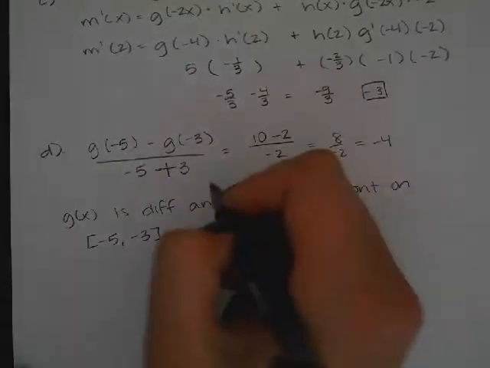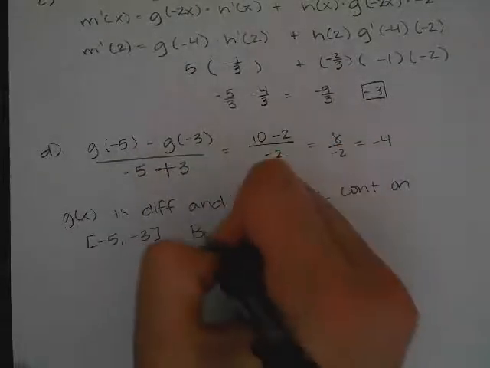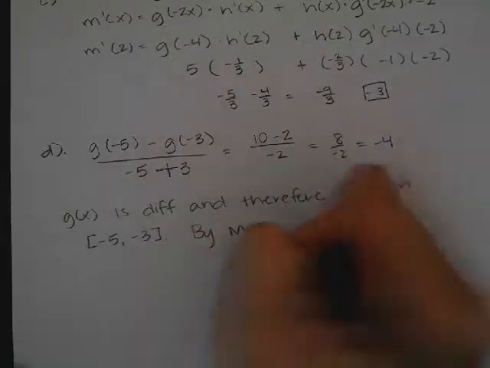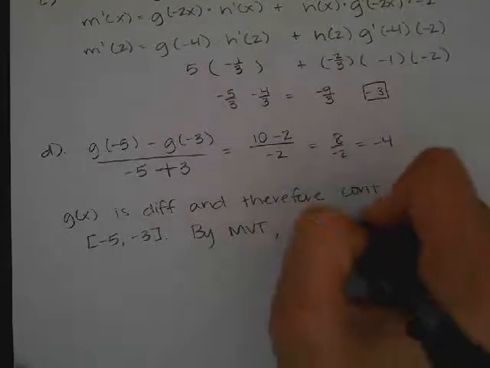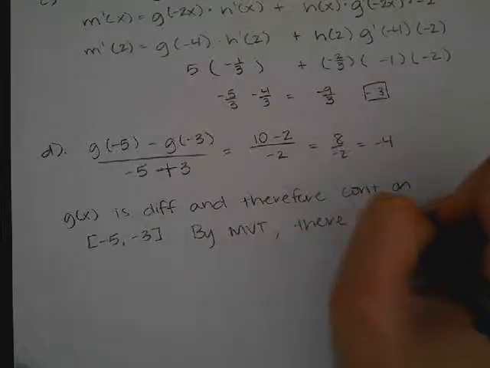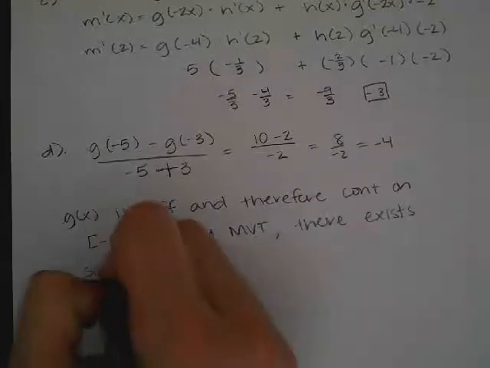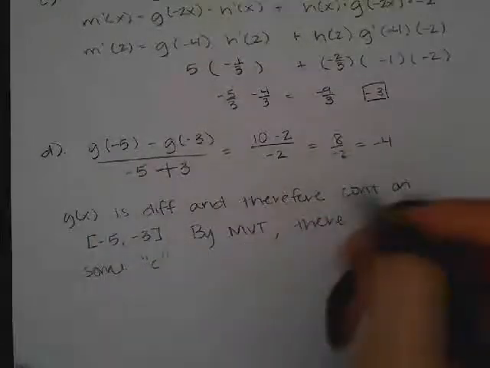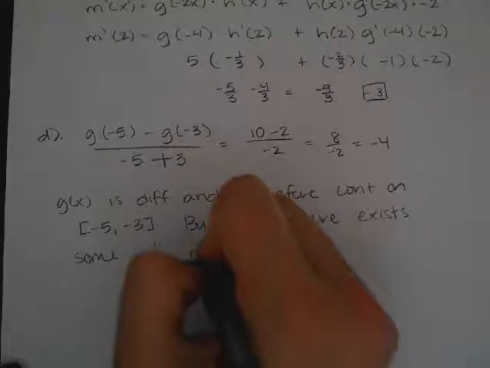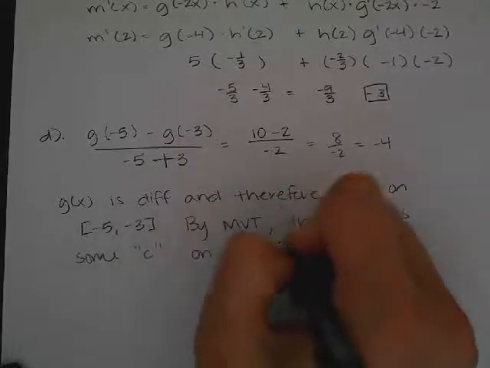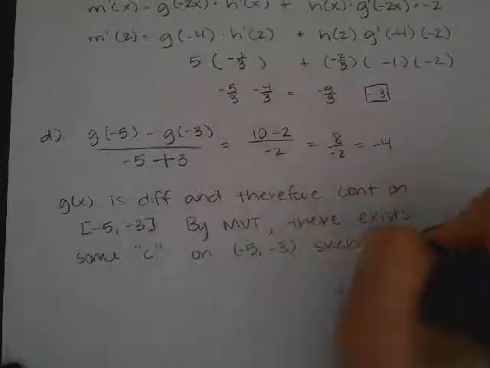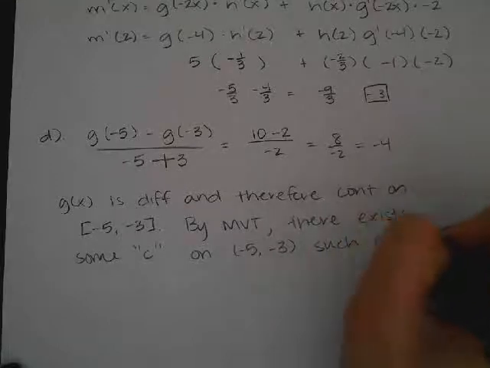And then I'll say by the mean value theorem, there exists some c on negative 5, negative 3 such that g prime of c equals negative 4.